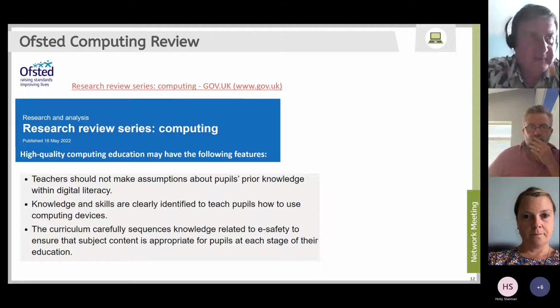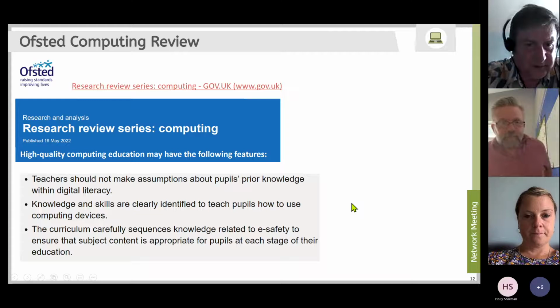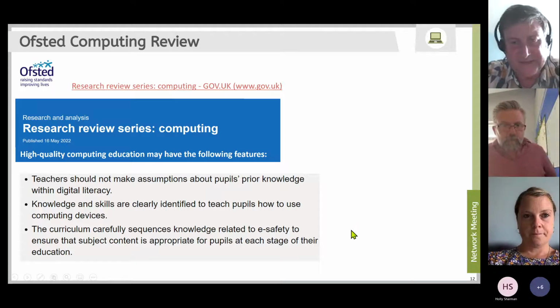I think with the portfolios, it's easier to look back and work out what they should have done, and then quickly assess that at the beginning of a unit. And it goes on to say about knowledge and skills clearly identified, and curriculum sequencing related to e-safety.